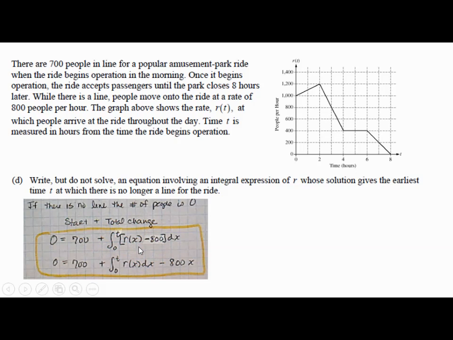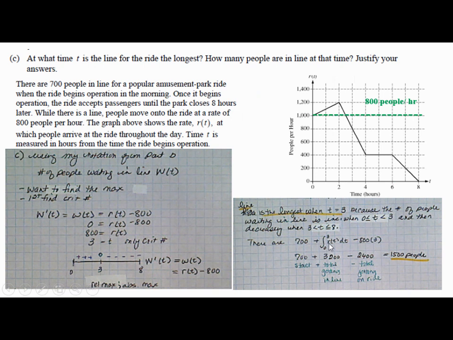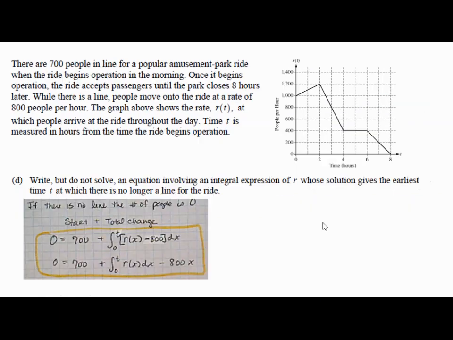That's what I have here. This is getting in line minus getting on the ride. Now, we want to solve for this t. If you think back, here you are given a t, 3, so at this point you can find out how many people are in line. Now I want to solve for a t of when there are no people.